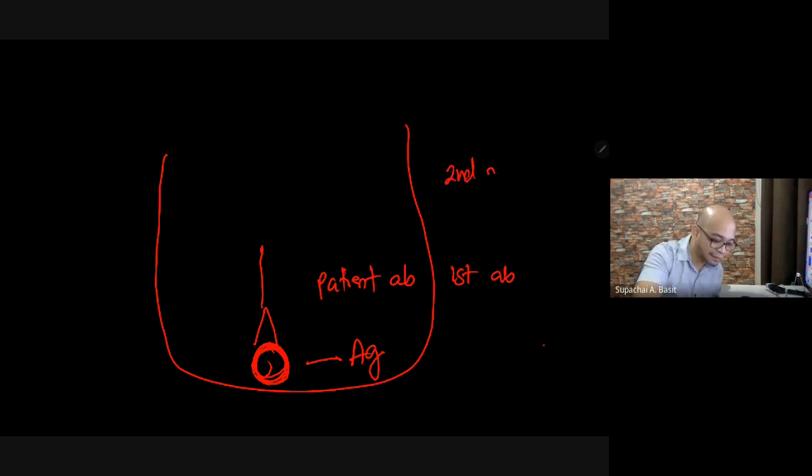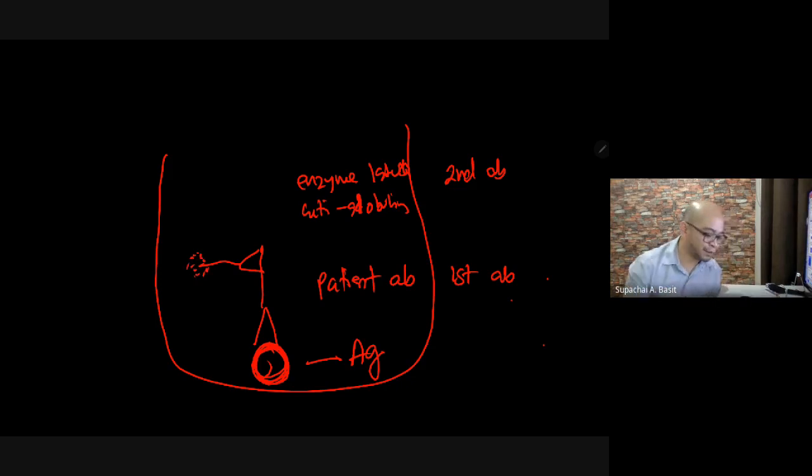The second antibody is the enzyme-labeled anti-human globulin, which will bind at the Fc portion of the patient's antibody.